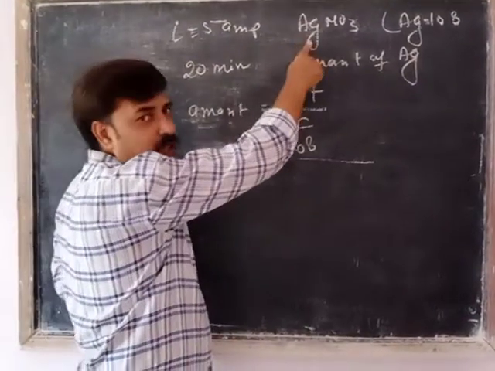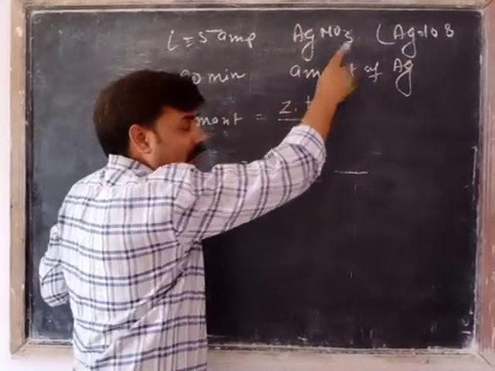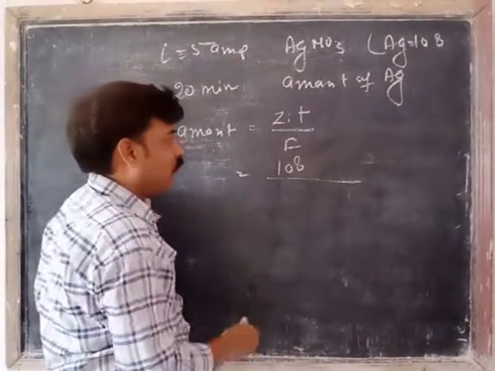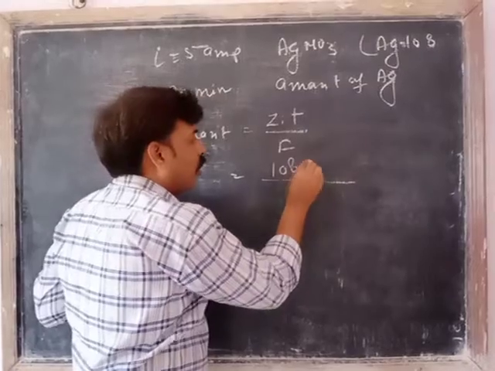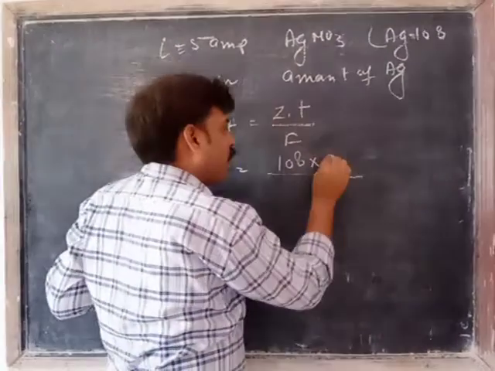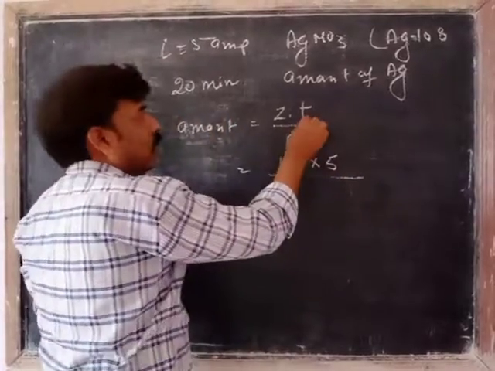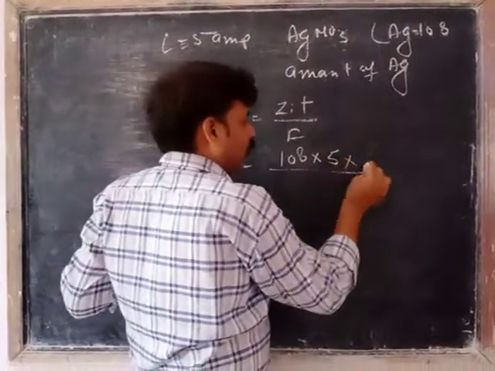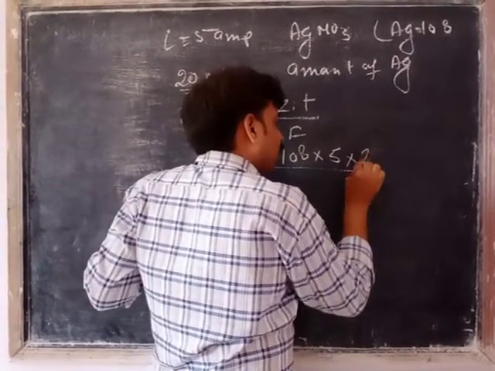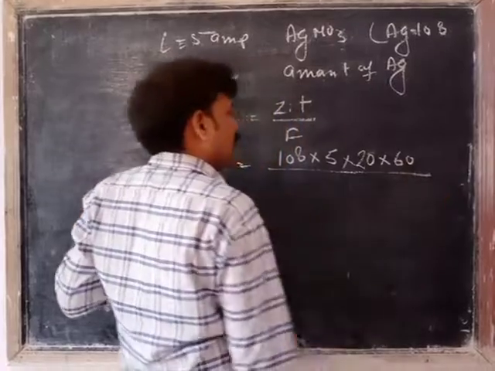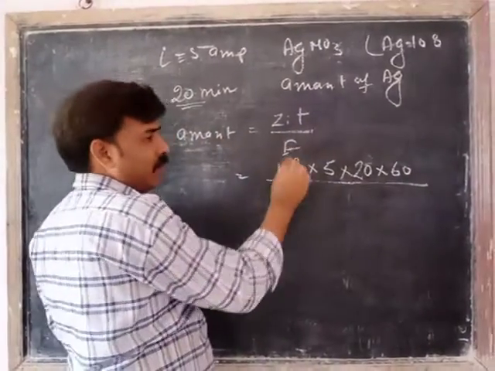For AgNO3, Ag plus and NO3 minus, the n factor will be 1, so it will be 108 by 1 equal to 108. Now current: here we have seen that the value of current is 5 ampere. Now time is given already, 20 minutes. We will convert it into the SI system, that is seconds, 20 into 60, divided by Faraday.